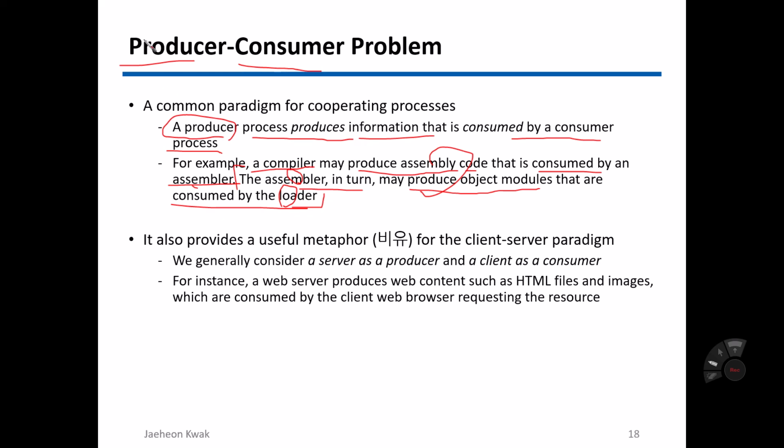This consumer and producer problem also exists in the client and server paradigm. We generally consider a server as a producer and a client as a consumer. For example, when we go to some website in a web browser, a server will generate some HTML code and images, and we, the consumer, will take this information and consume it to render the website, right?